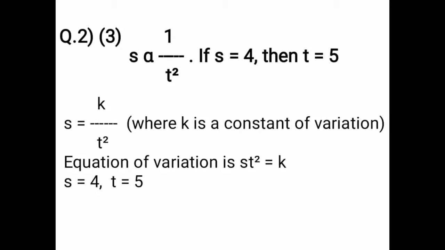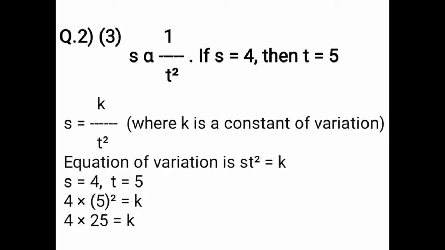Substitute the value of S is equal to 4, T is equal to 5 into the equation of variation which you got after cross multiplying. 4 into 5 square is equal to K. I have substituted the values S is equal to 4, T is equal to 5, which are given. The square of 5 is 25. That is 4 into 25 is equal to K.